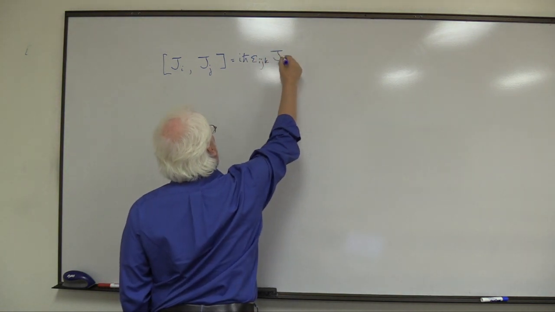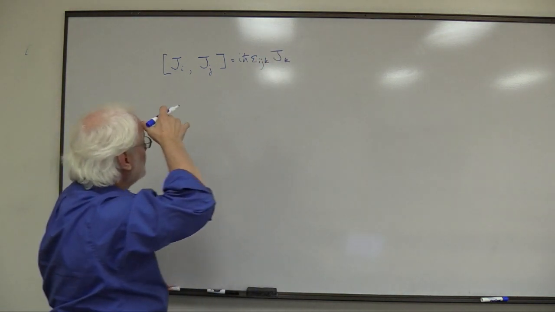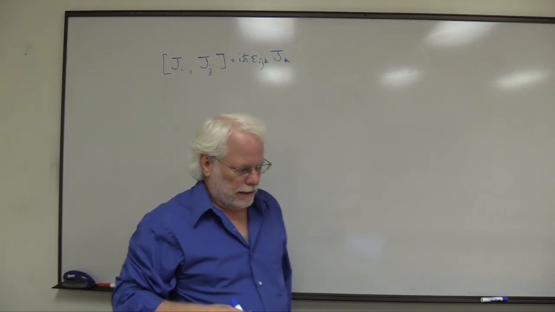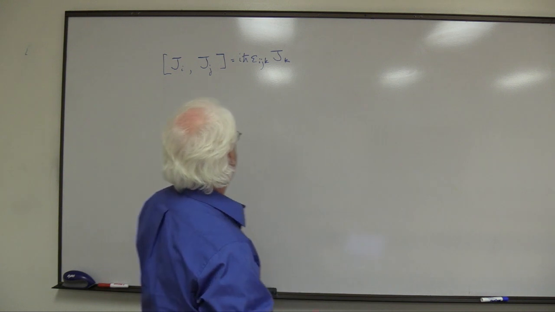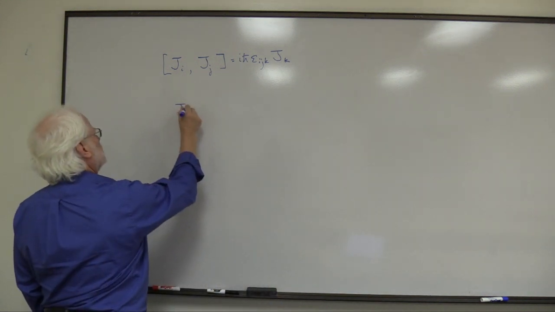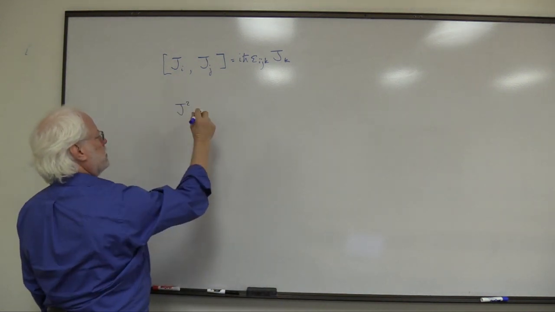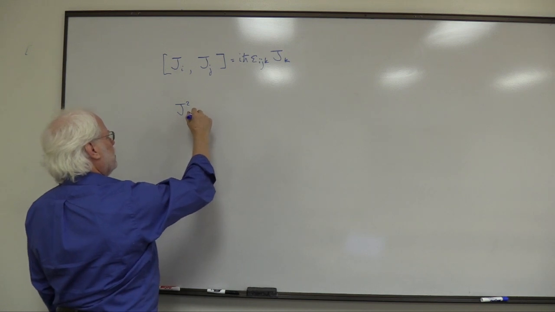What we use to classify particles is J squared, the sum of squares of the three J's.